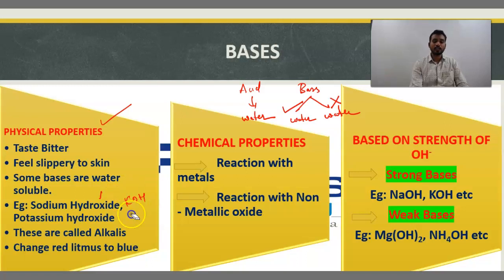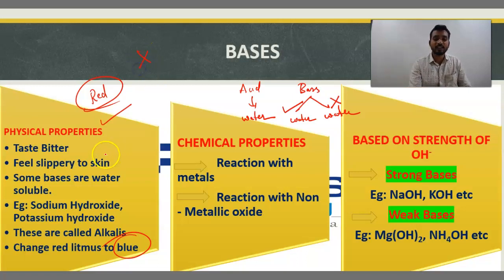As I said, if you see the color red, then it is acid. If you see it is blue, then it is called a base. Simple. Red and blue, the difference. I have given one element called X. If you see that X in red, then it is acid.